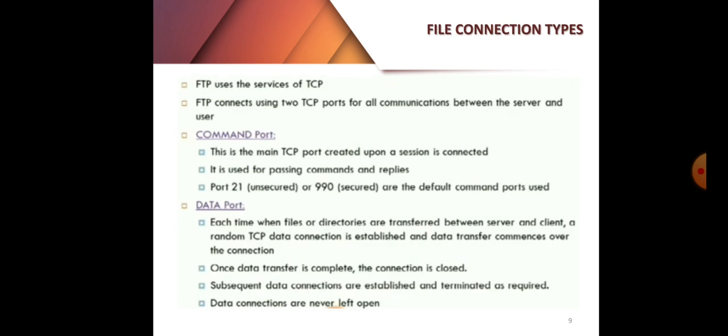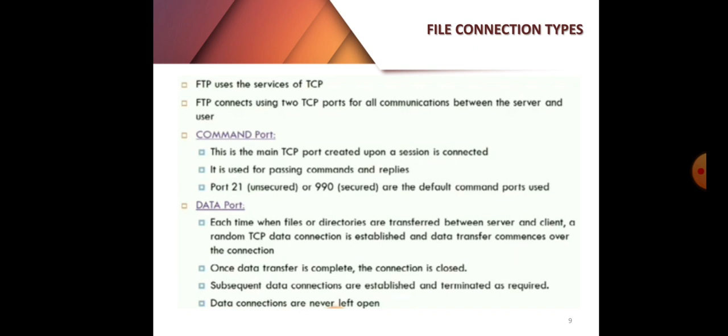And regarding the file connection and transferring, mainly two different ports are used for receiving the information. One is for receiving the data and the other is for receiving the control signals. First is the control port or the command port.